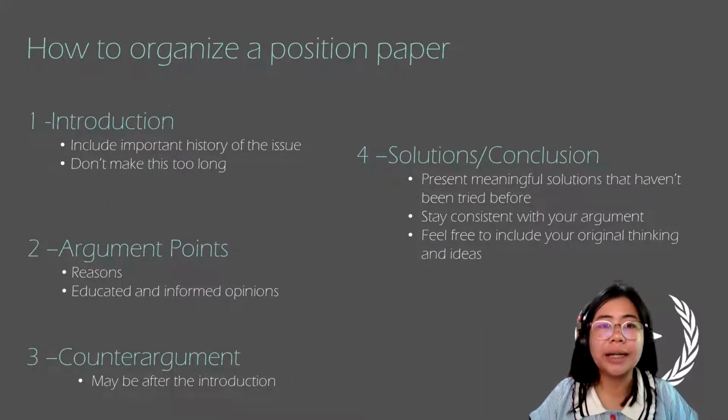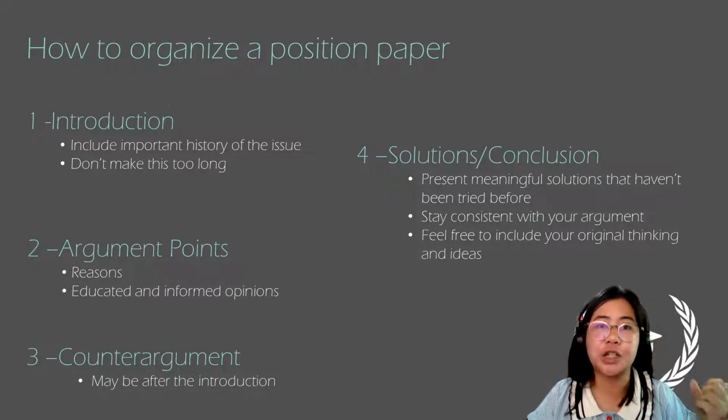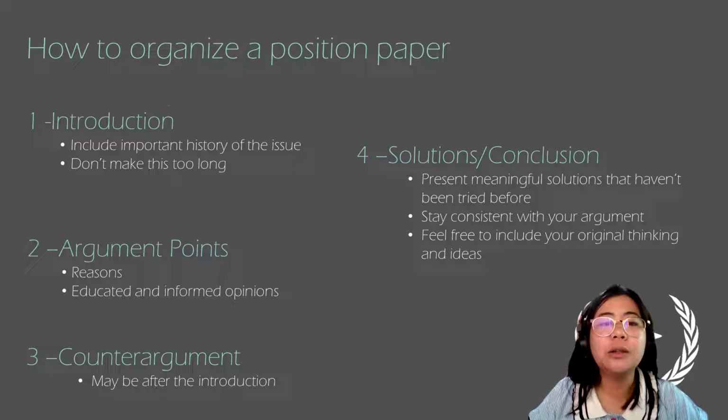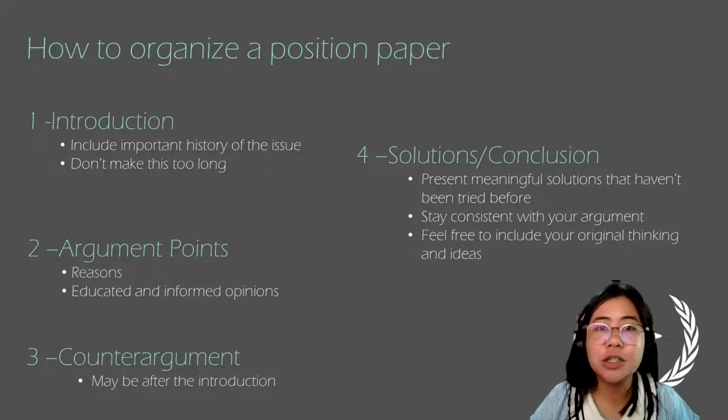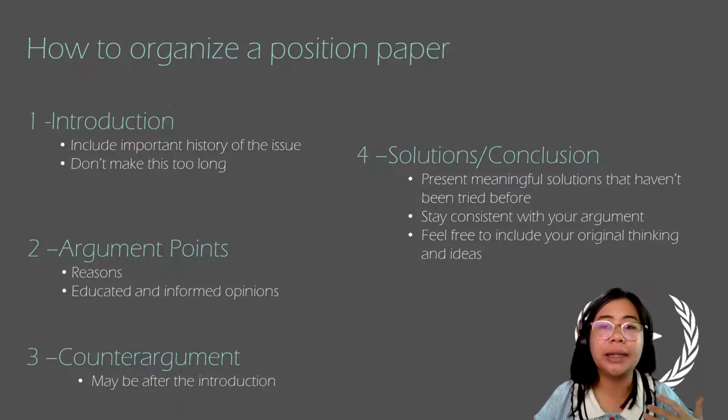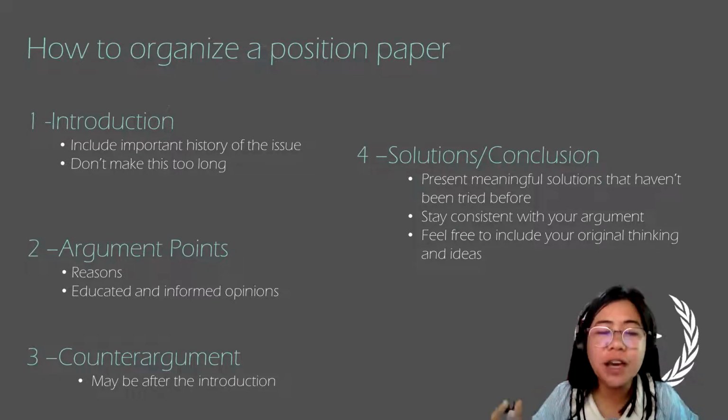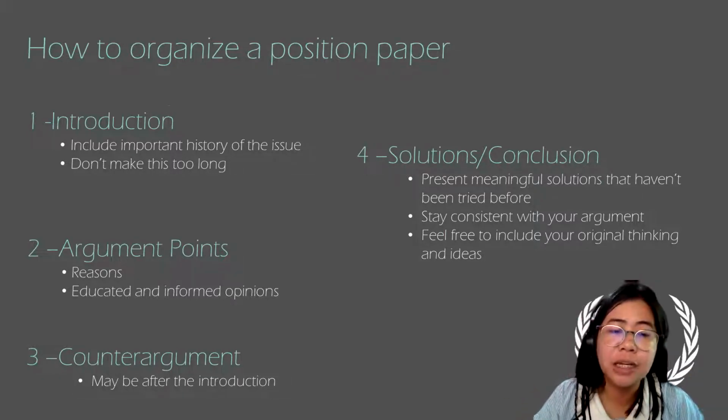Next, how to organize a position paper. Okay, first one, you should be able to have your own introduction. You include important history of the issue and do not make this too long. You are just going to provide important or significant information about an issue. Next, argument points.